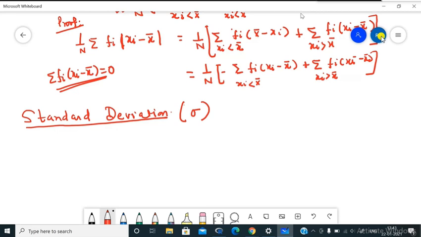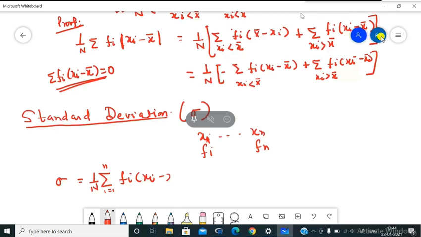If x1 to xn are the values and the frequencies are f1 to fn, then sigma can be defined as the square root, or power 1 by 2, of 1 by capital N summation for i varying from 1 to n of fi (xi minus x bar) whole square.